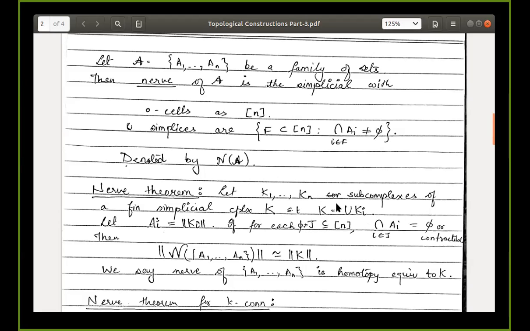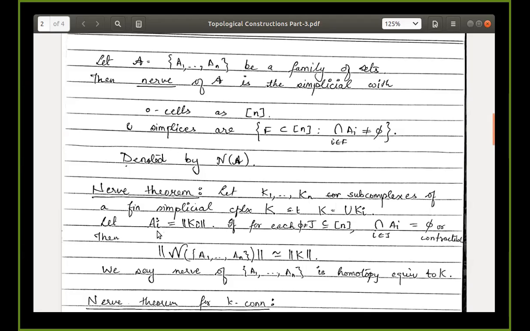That is what it means to cover. Here we are not saying covering as spaces, but covering as subcomplexes. In simplicial complexes, the structure is about the simplices, so each simplex of K belongs to at least one of these.